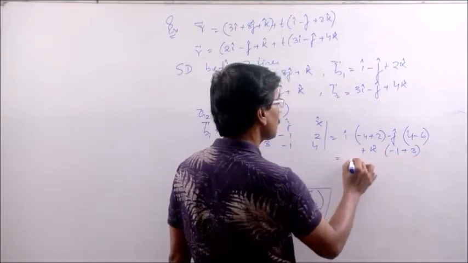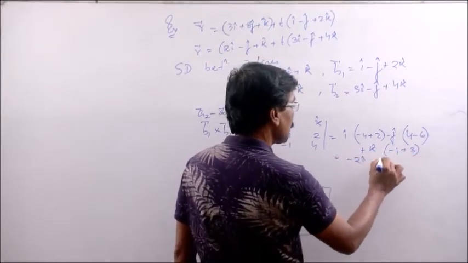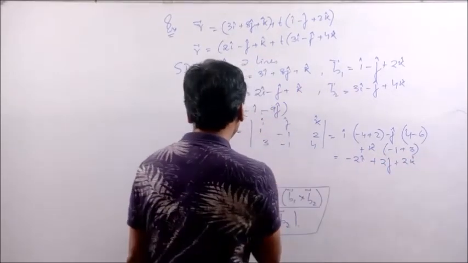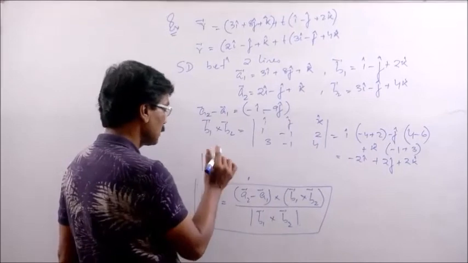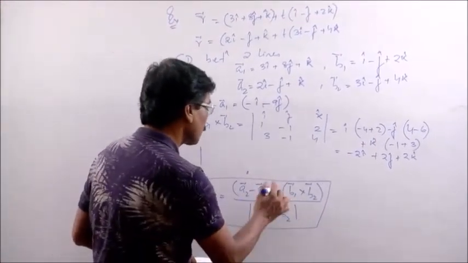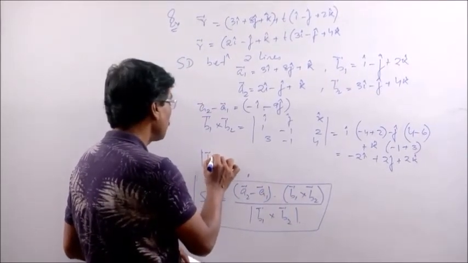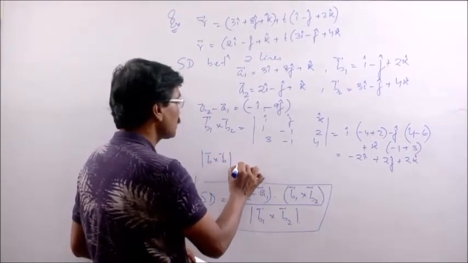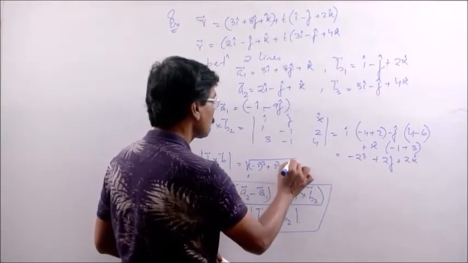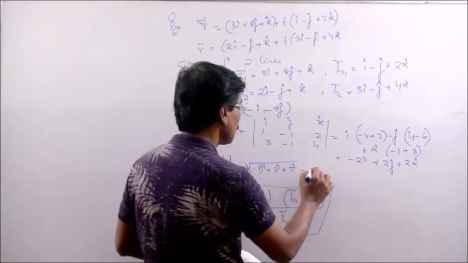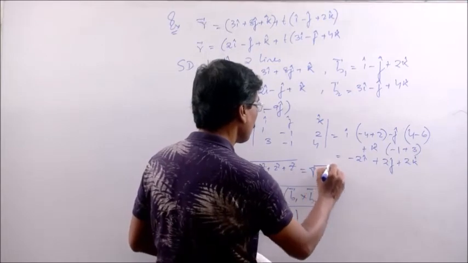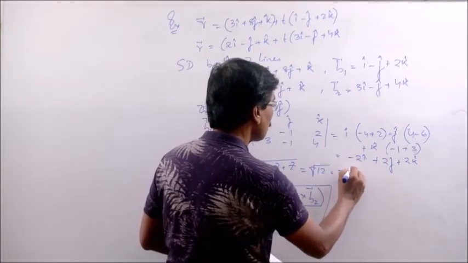So, on simplification this is minus 2 i cap plus 2 j cap plus 2 k cap, and magnitude of b1 cross b2 is equal to root over of minus 2 square plus 2 square plus 2 square, that is root over of 12, that is equal to 2 root 3.